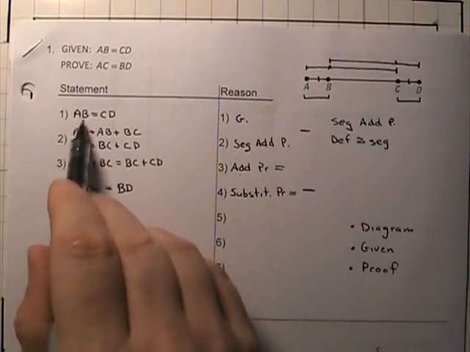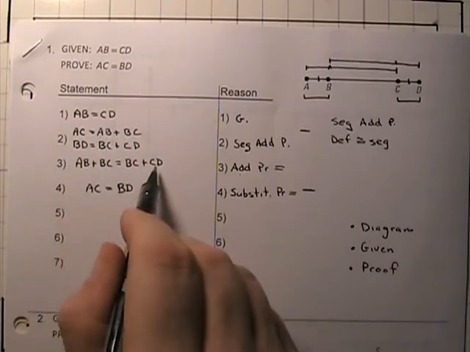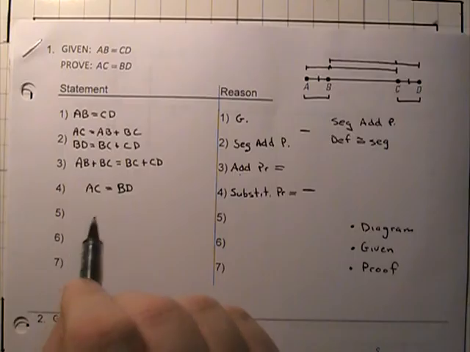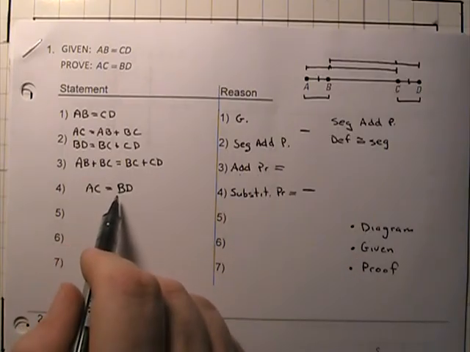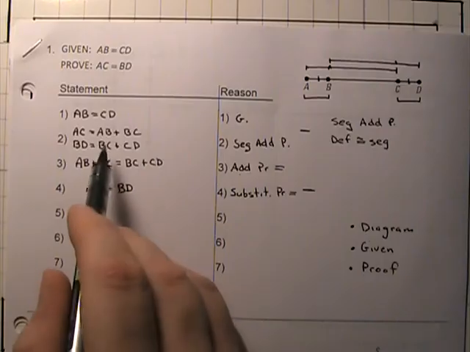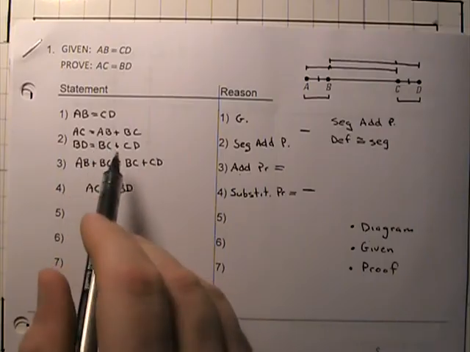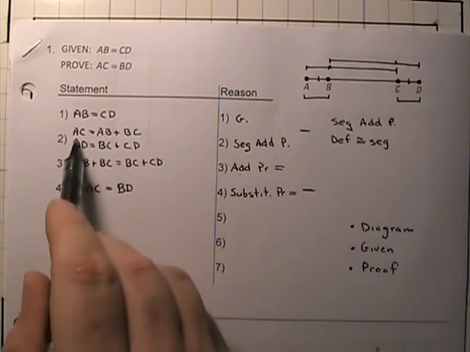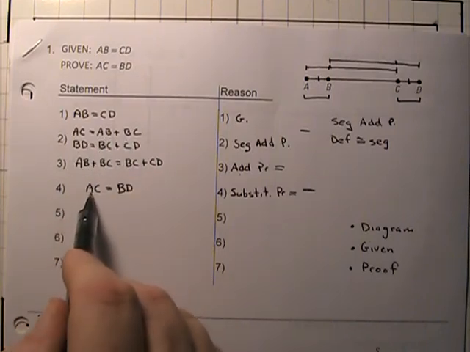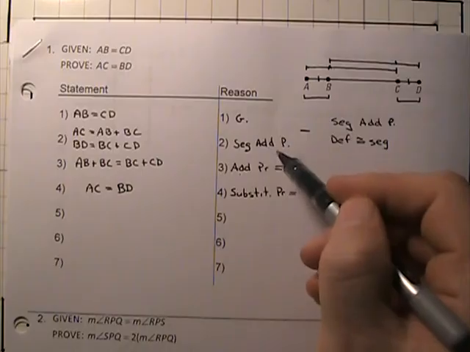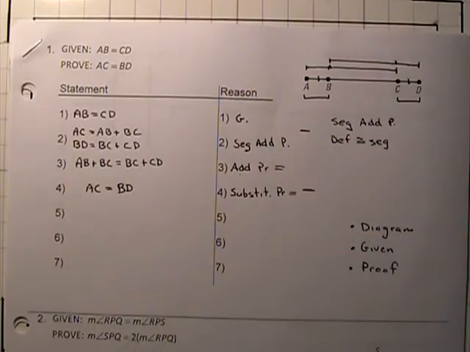Addition property of equality. And then down here it says if I've shown a value equals something else above, then I can substitute it in. So here I found that AB plus BC equals AC. When I find it again, I can substitute in. So again, go back through every step and see if you can find the if-then statement.